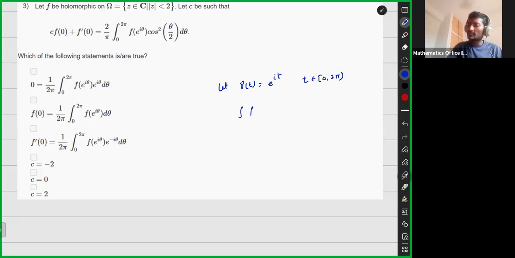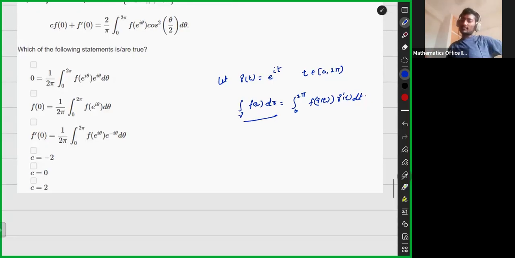The integral of f of z dz over gamma is the integral from 0 to 2 pi of f of gamma t times gamma prime t dt. So this is the relation, and we have to reduce our question into this format. Then I think we will be done.